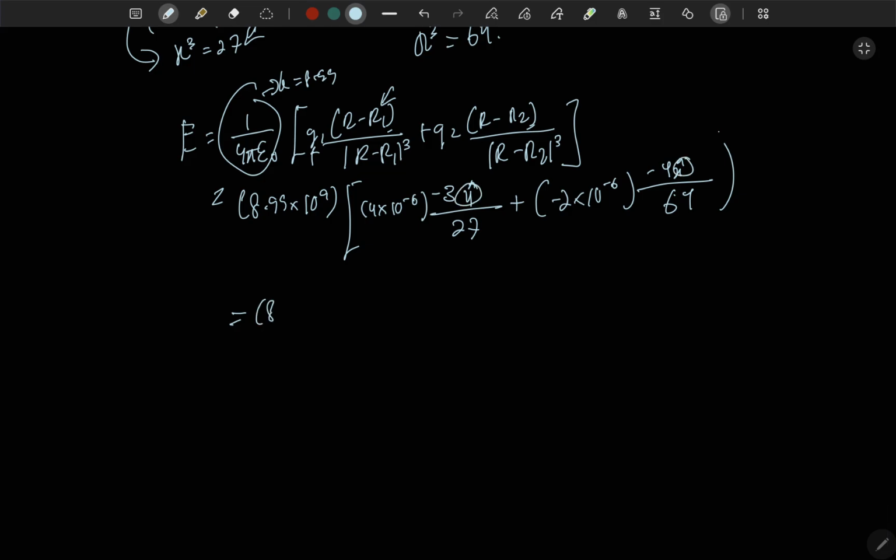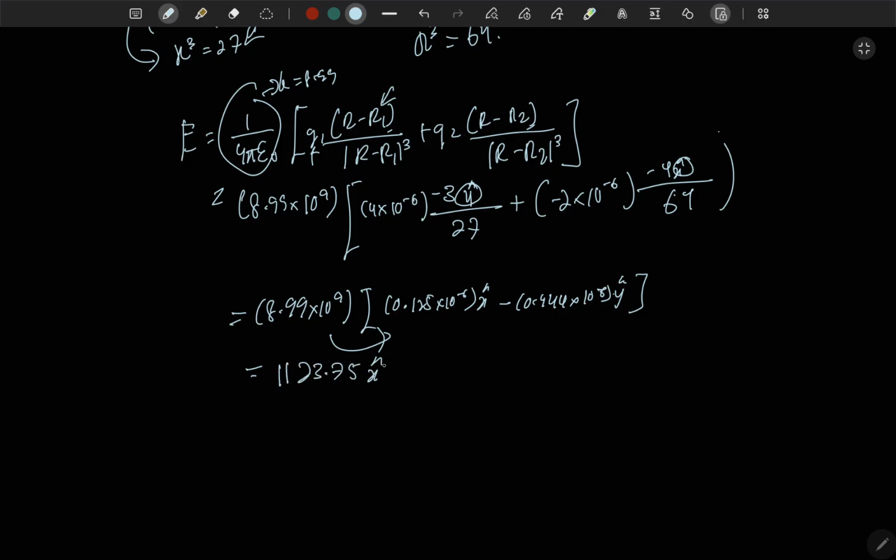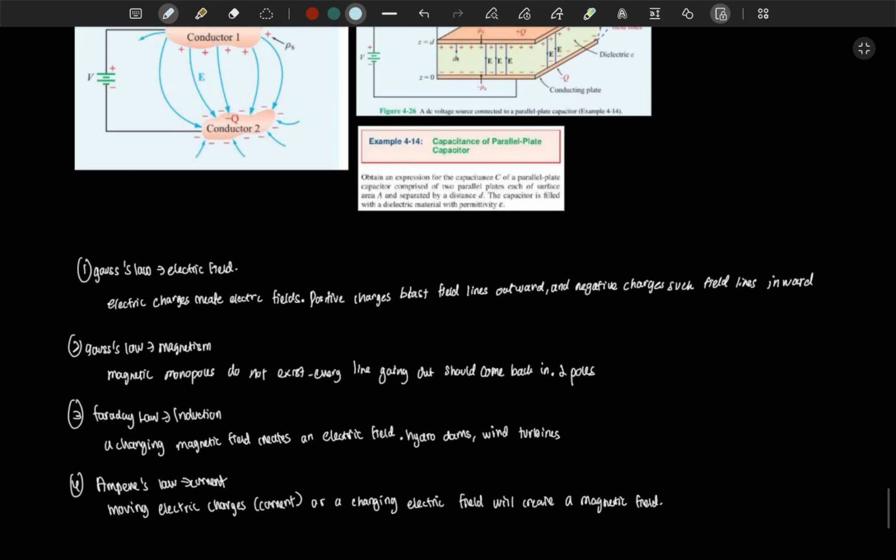If we calculate this and expand it, we will get the total electric field as V/m. This is the total electric field due to multiple point charges. Now this is for the multi-point charges.